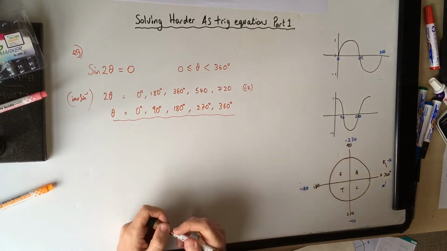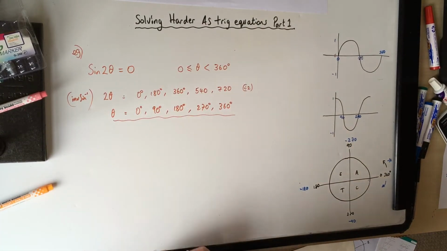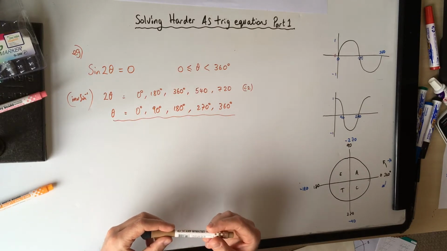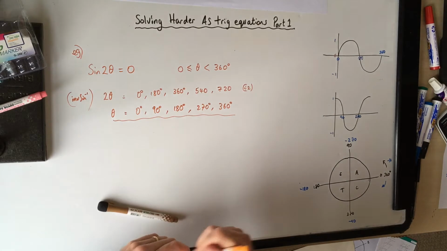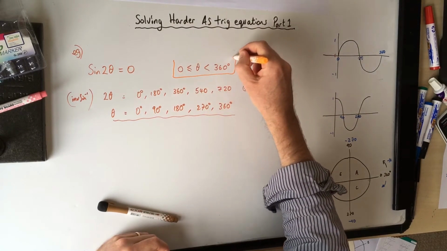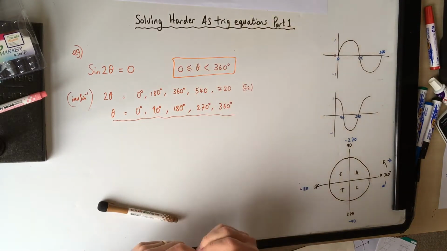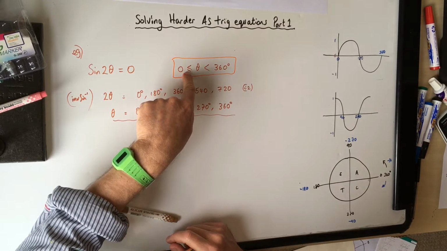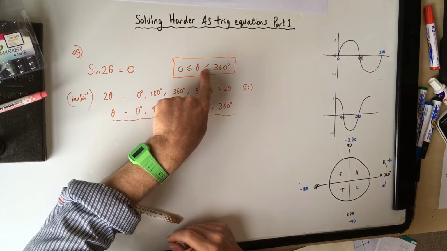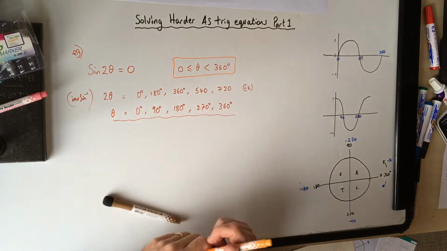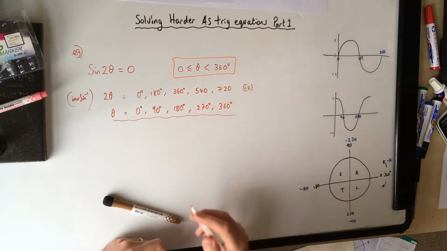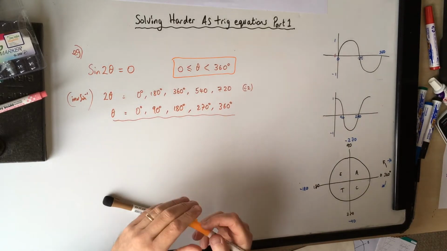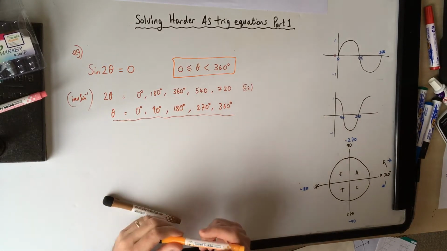Now I just want to draw your attention to something. It is time, when you're doing exam questions, to start looking carefully at the question. I did this one deliberately. All the other ranges have been greater than or equal to, or less than or equal to, but this time I've put less than 360 degrees. It's easily missed in an exam question, so look carefully at the range.